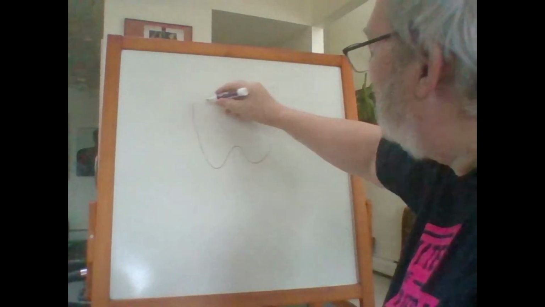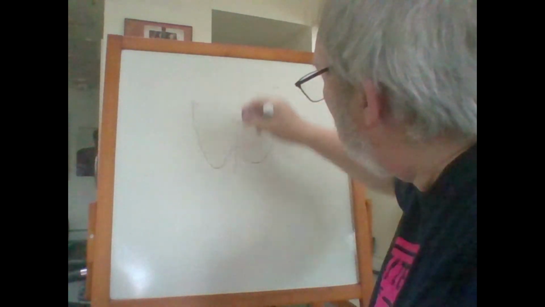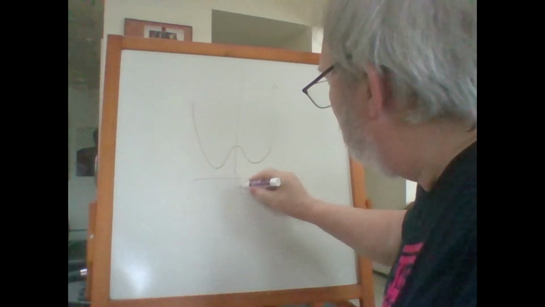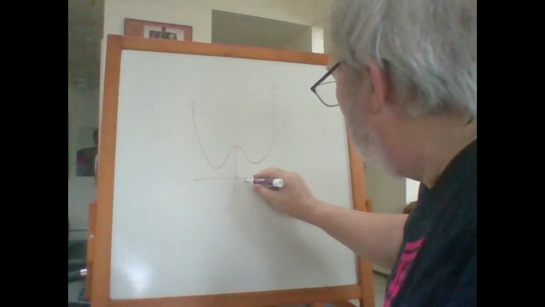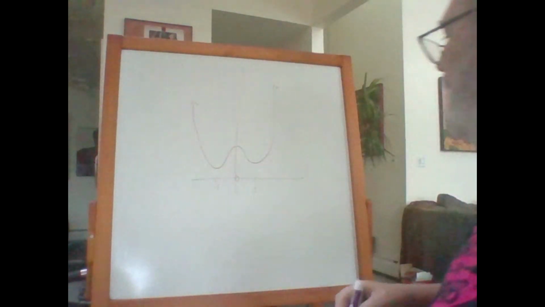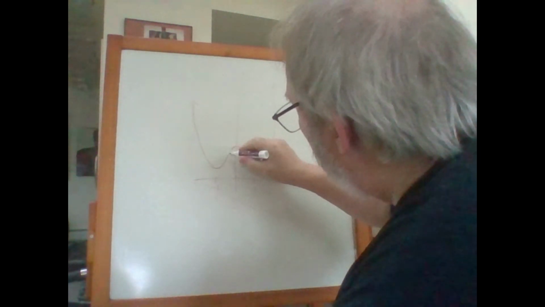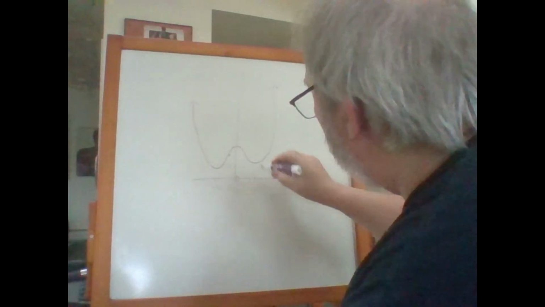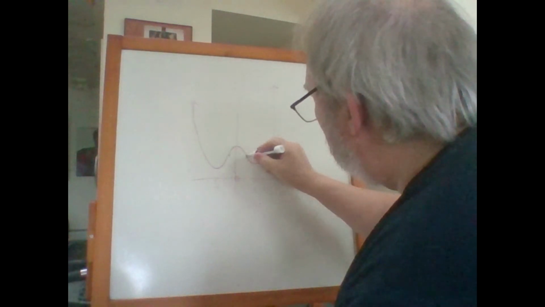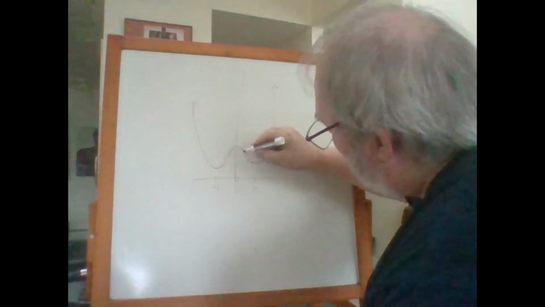It goes up like that, it goes up like that, and there was symmetry through the y-axis, and this was x equals 0, this was 1, this was minus 1, and here we had inflection points there, and there, and there.